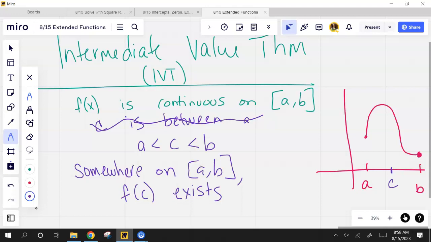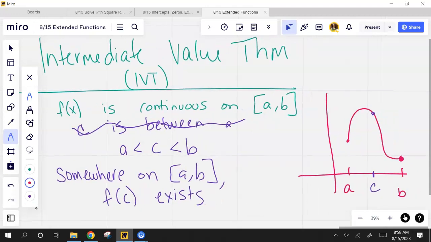In other words, there's no way that you can connect this and be continuous where there's not a value for c on there. This would be f of c, right? I can't skip over c no matter what I do. It's going to have a value on there.